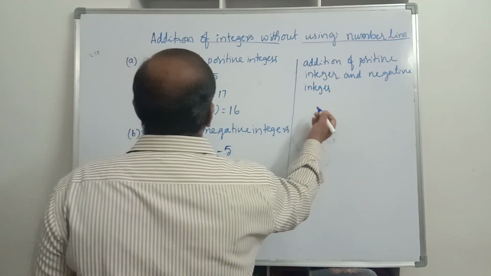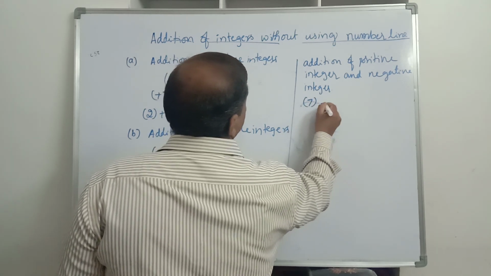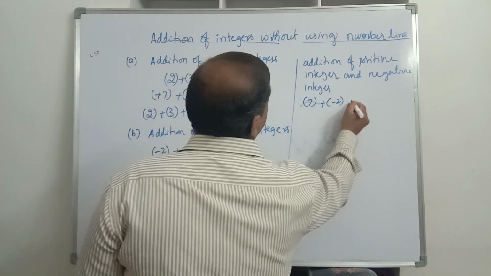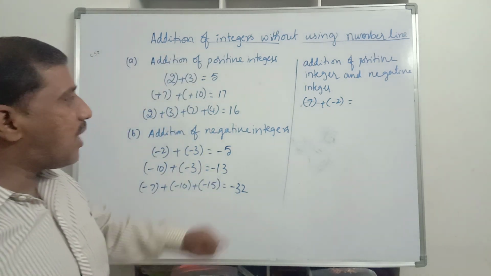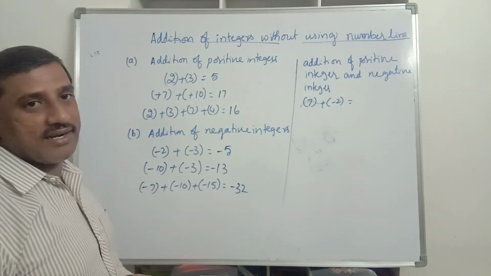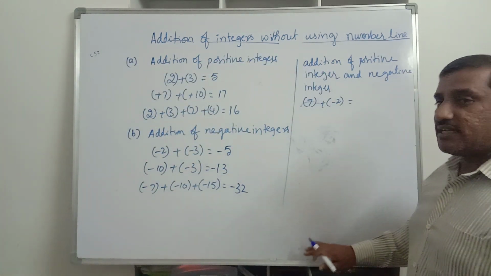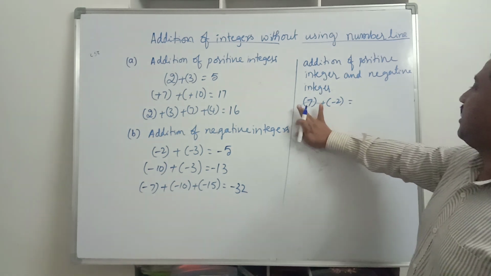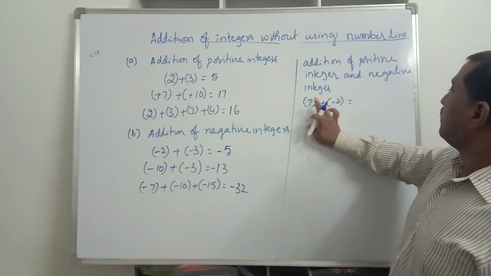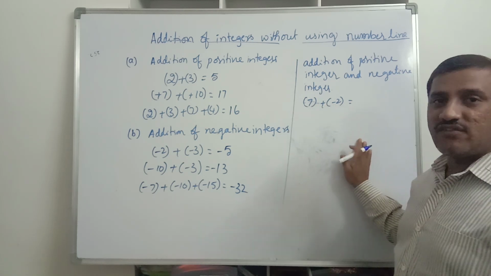For example, 7 plus of minus 2. How to add minus 2 to that 7? When two different signs are there, one positive and one negative, you subtract the numbers.